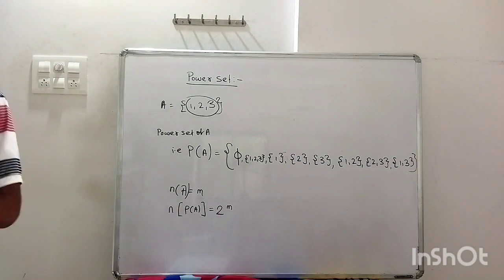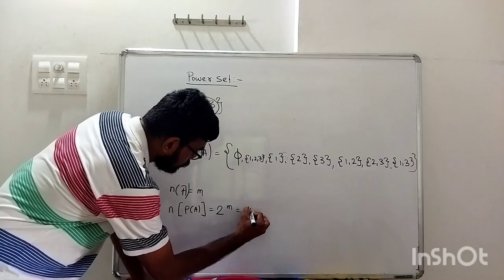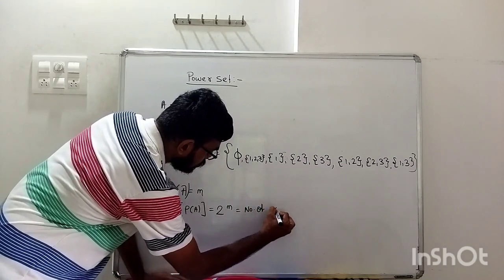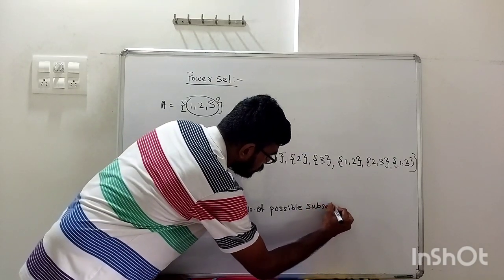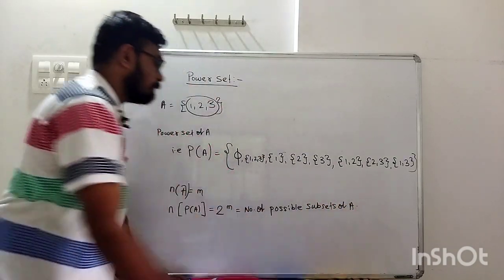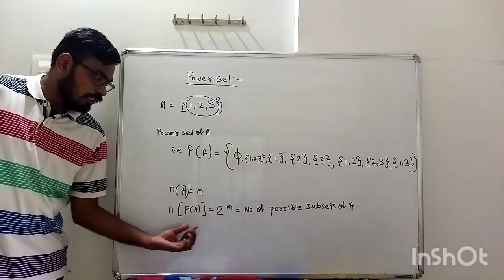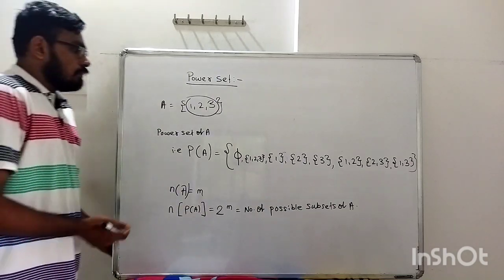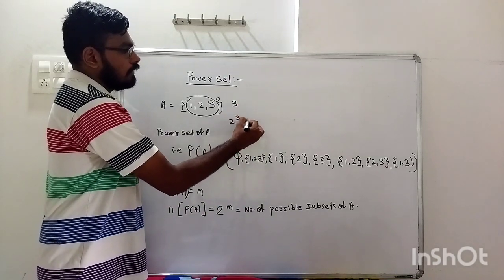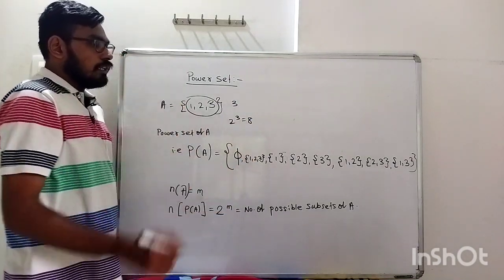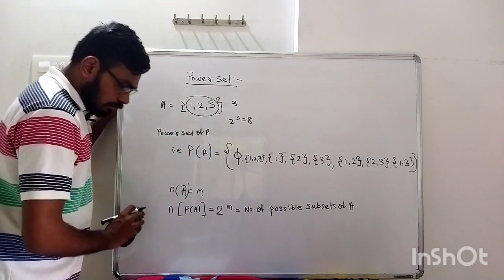Okay, this is also the number of possible subsets of A. So these many subsets we can get, or these many elements we will get in the power set of A. You can verify this here. See, we have 3 elements, and 2 raised to 3 is what? 8. You can try with 4 elements, 5 elements, and check whether you get the same answer. Okay, so this you have to remember.